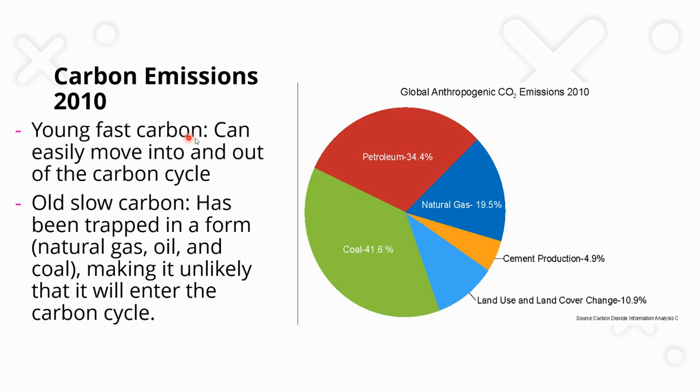So there is some young fast carbon, and there is some old slow carbon. Young fast carbon, you will get to know in the lab introductory video, but let me introduce you to that again. It can easily move into and out of the carbon cycle. When you take in any food, you're taking the carbon from that food.